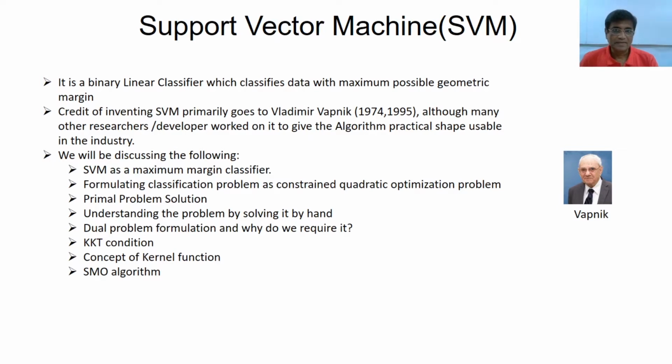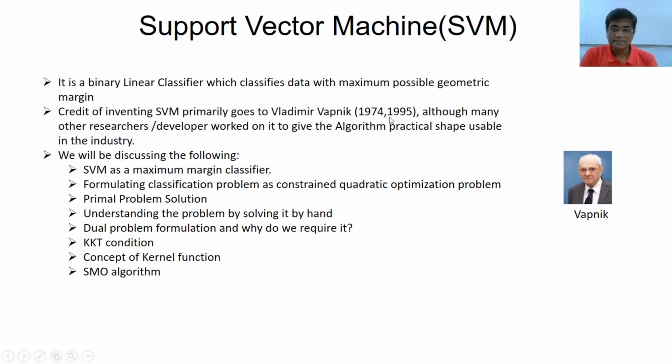Now let us just go through some interesting history. The credit of inventing support vector machine primarily goes to Vladimir Vapnik, in 1974 for his PhD thesis.